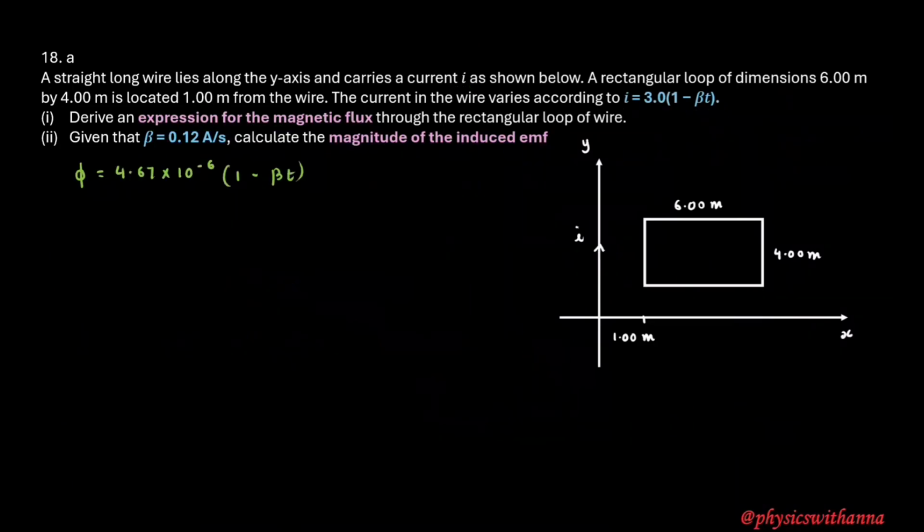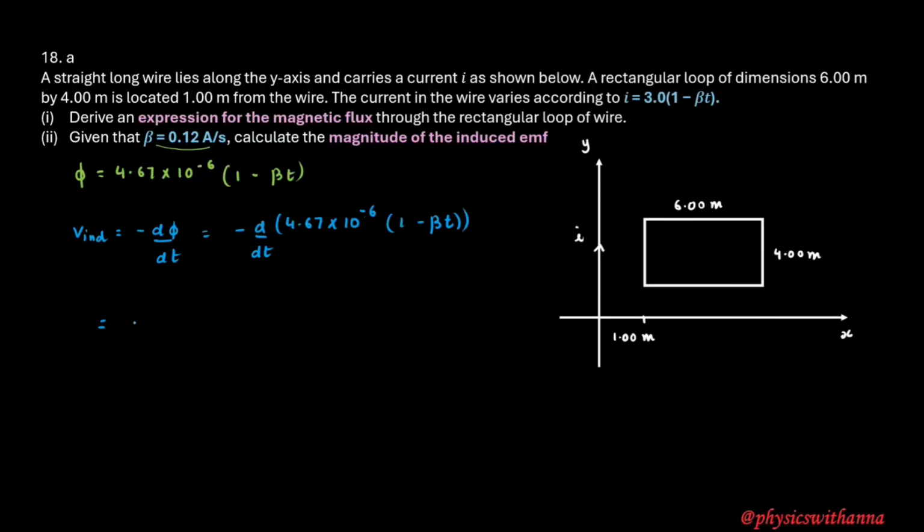Now let's discuss the second part of the question. In the second part, they have given you the value of beta, which is 0.12 ampere per second. And we need to find the magnitude of induced EMF. Now, induced EMF is given as the negative derivative of phi, which is equal to the negative derivative of 4.67 times 10 to the power negative 6, 1 minus beta t.